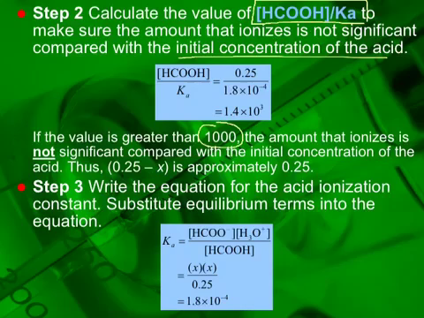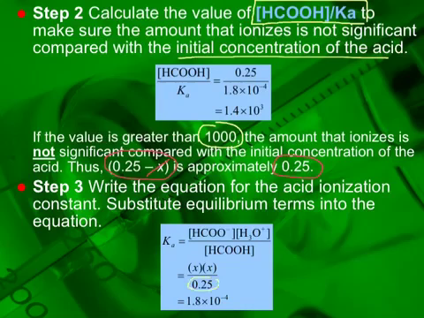So therefore, instead of writing in 0.25 minus X as the equilibrium concentration of the acid, we can say X is nearly 0 or approximately 0, so that the concentration of the methanoic acid at equilibrium is just 0.25. We can now take the 0.25 value and substitute it into the equilibrium concentration of methanoic acid.